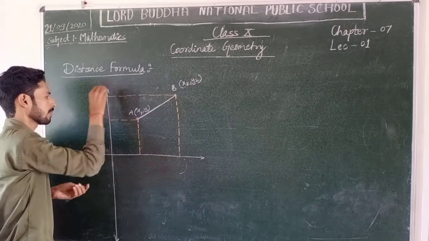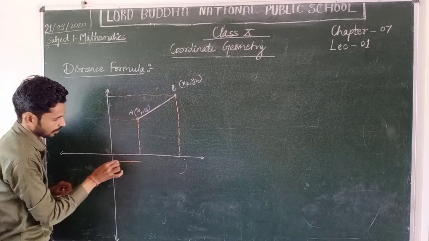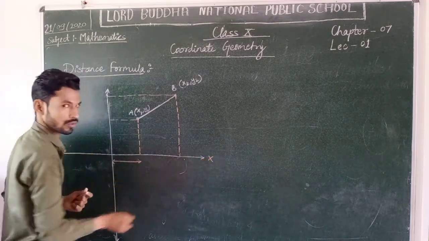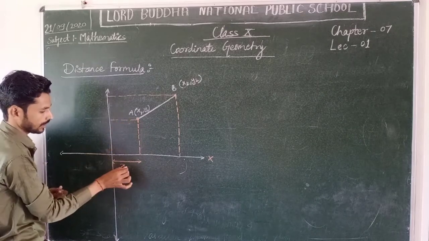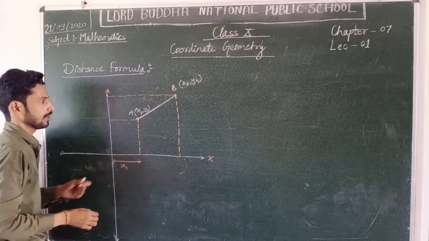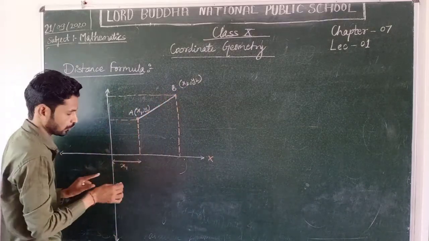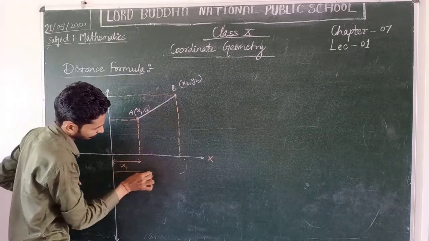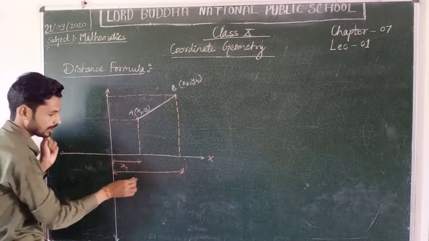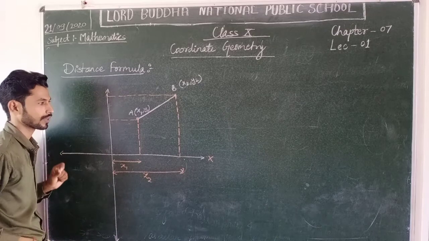Now this distance is moved on the x-axis. Okay, so this value is x1 because this is for the point A. But for the point B, the total distance is x2. So right here, like this, this is on the x-axis, so this distance will be x2.